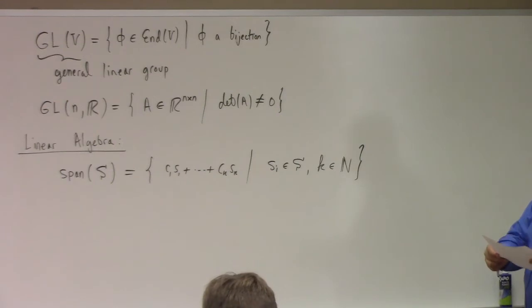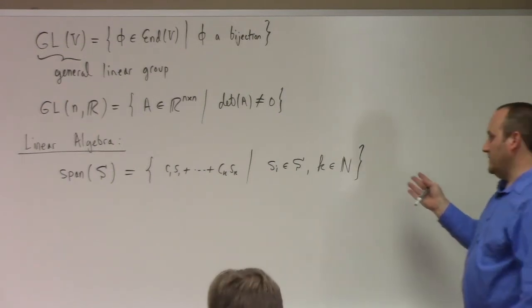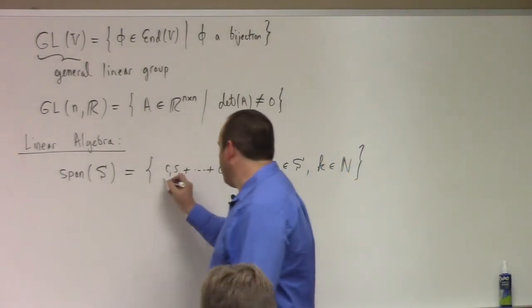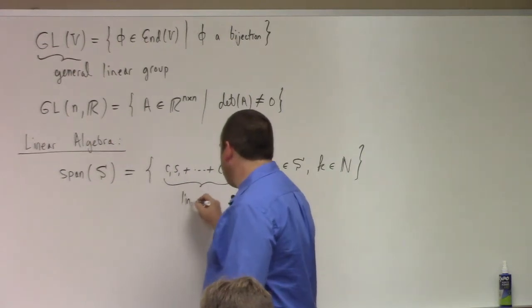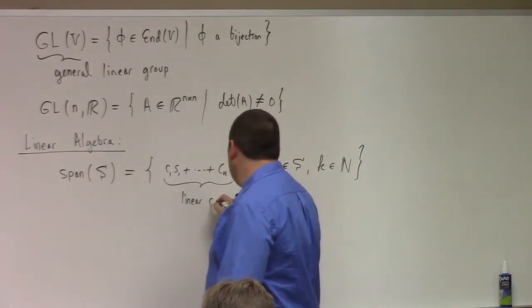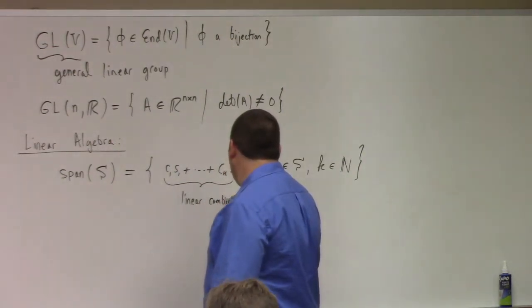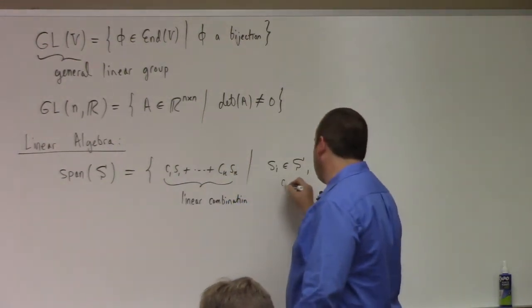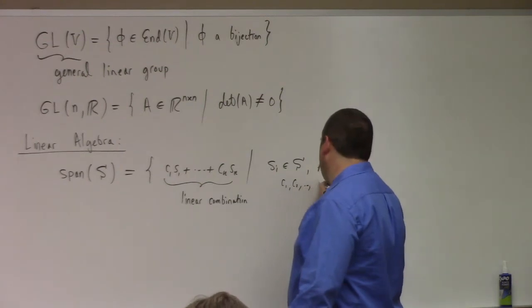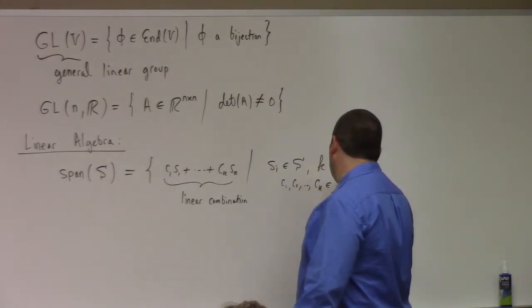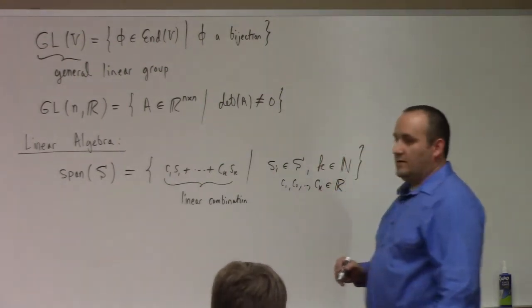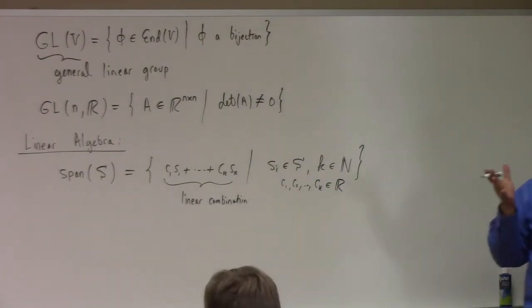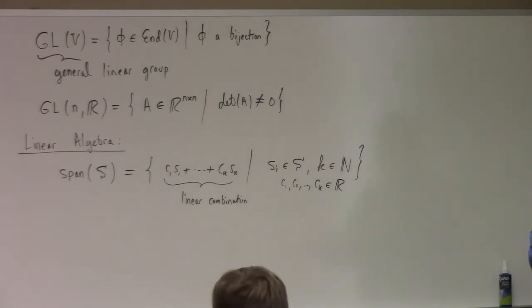Span is, of course, interesting because this is a linear combination, right? Terminology, linear combination. Oh, what did I not say that's important? Where are the c's? Yeah, c_1, c_2, where are they in? The reals, okay? I'm focusing on real vector spaces in here. In my linear algebra course that some of you took, we did a lot of other fields.